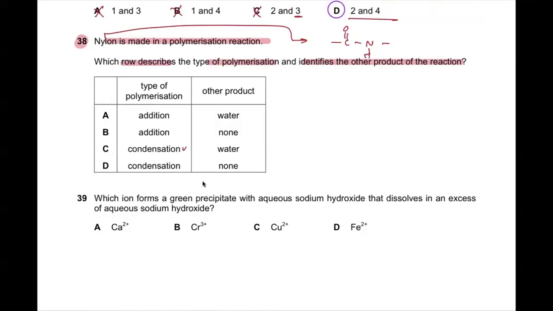So it's formed by condensation. So A and B go wrong because addition is not correct. And in condensation, it's not just a polymer that is formed. Along with the polymer, water is formed as well. So C is the correct answer.